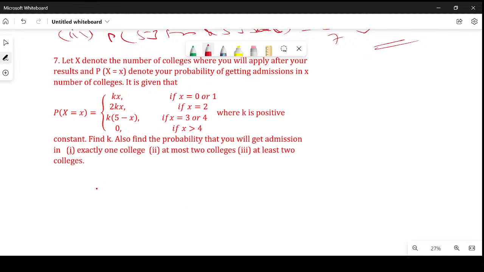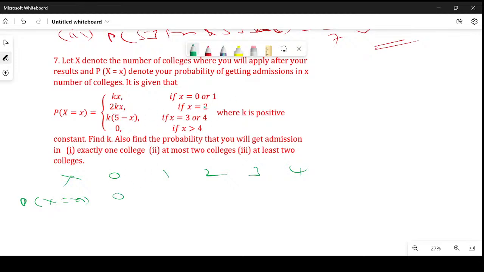First we make the probability distribution table. Then it will be easy to solve the problem. So what I will write now: the given X takes 0, 1, 2, 3, 4, because more than 4 the probability is 0. Then probability of X equal to x: when X is 0, that will be 0.